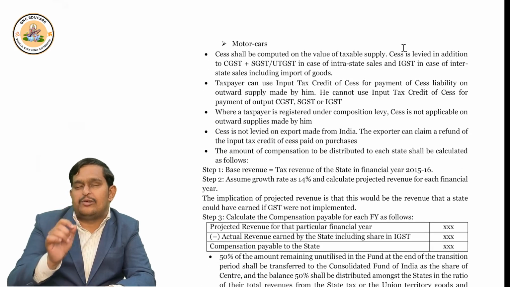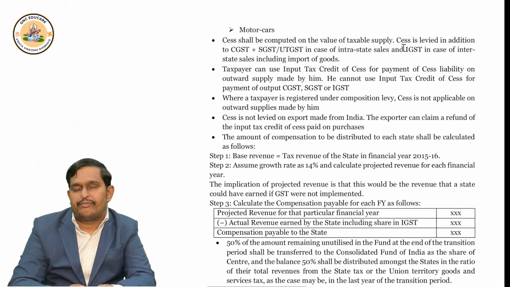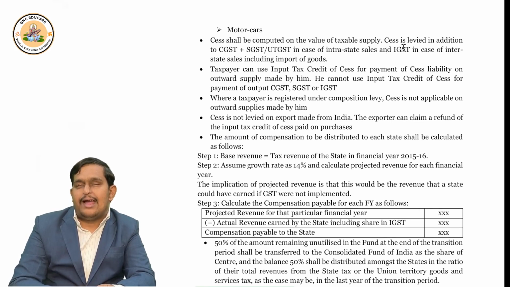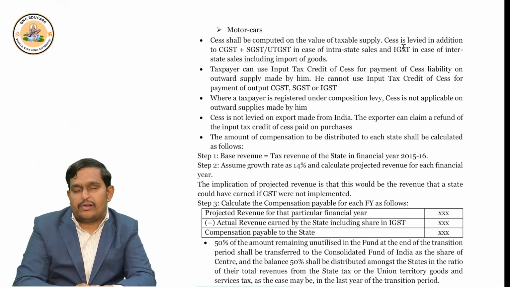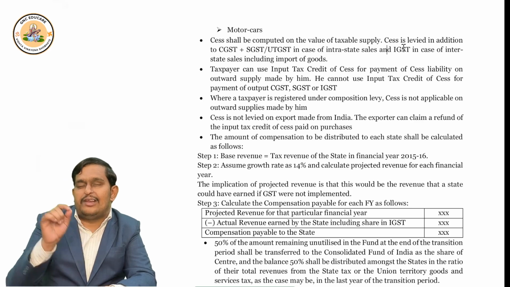That means the tax revenue to the states. Then to that, add 14% inflation every year. So what did we understand? Revenue to the states plus 14% extra, every year 14% added on the added amount. Correct? This way they will compute.